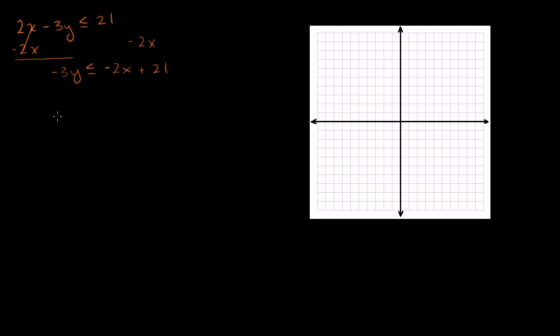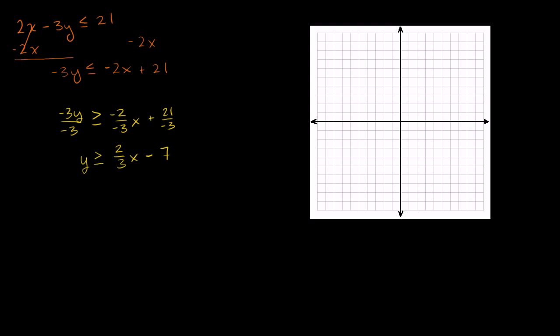So you get negative 3y over negative 3 is greater than or equal to negative 2 over negative 3 x plus 21 over negative 3. And so this becomes y is greater than or equal to 2/3 x minus 7. So that's this first inequality right there.